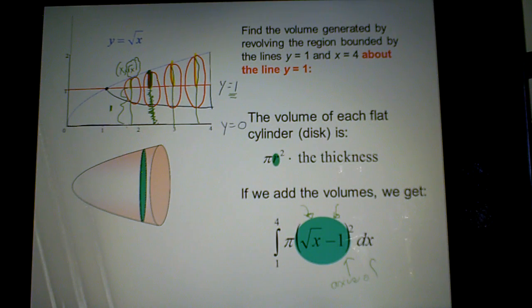Notice that that also works when you're using the x-axis. It's just that the equation of the x-axis is y equals 0, so you would have the square root of x minus 0. Square root of x minus 0, shockingly, is the square root of x.